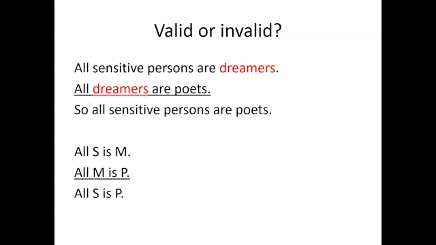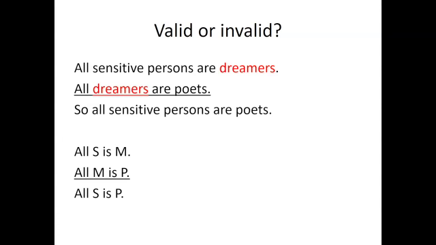But if it has a negative premise but an affirmative conclusion, it will not pass. Or likewise, if it has a negative conclusion but no negative premise, it will not pass. But this one passes because everything here is affirmative, so the rule doesn't actually apply here.